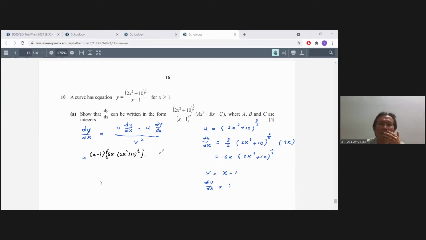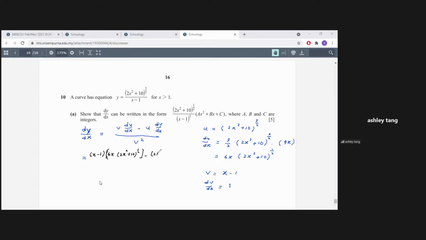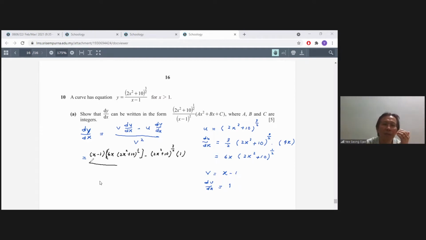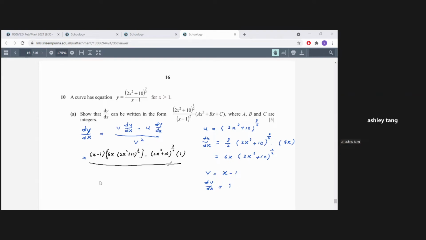Minus 2x squared plus 10 power 3 over 2 times 1. Over x minus 1 squared. Yes.